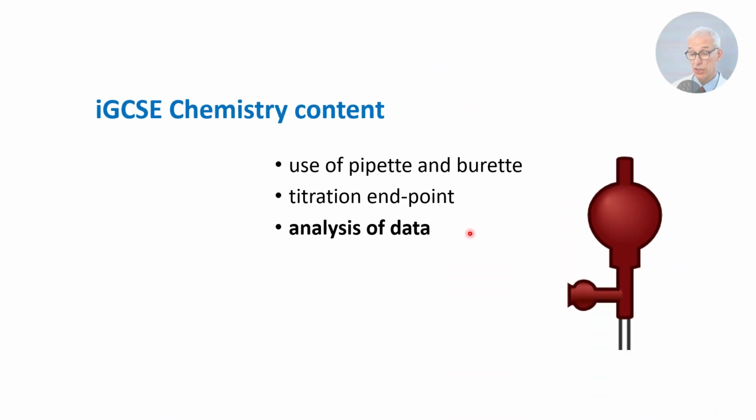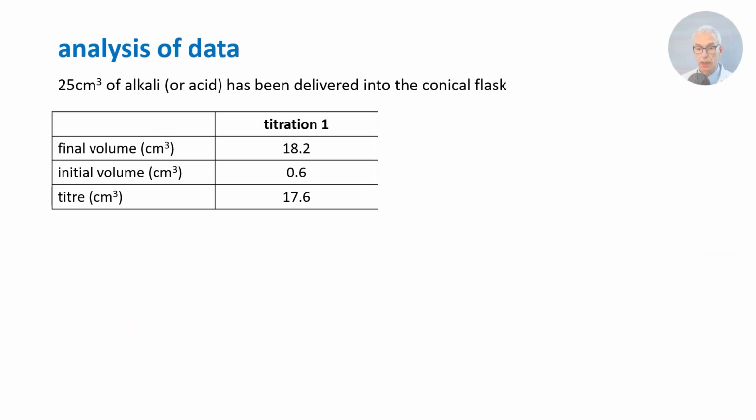The analysis of titration data. The data obtained from a titration looks something like this. We'll have 25 centimeters cubed of alkali or acid delivered from the volumetric pipette into the conical flask. So that volume is known.